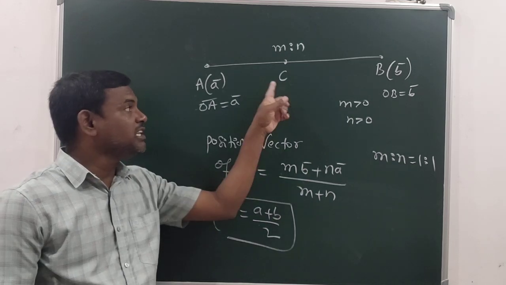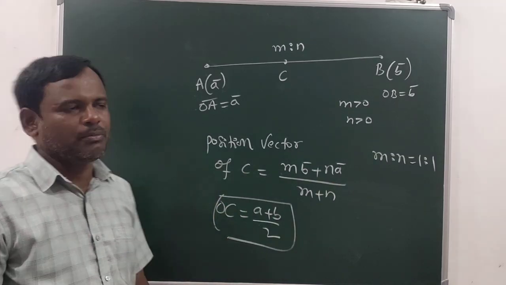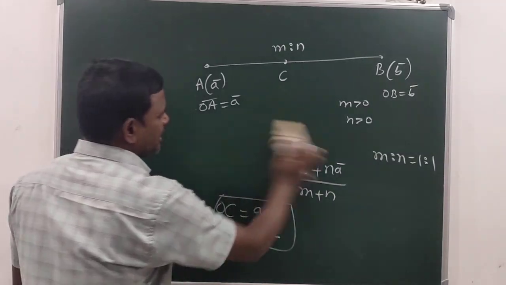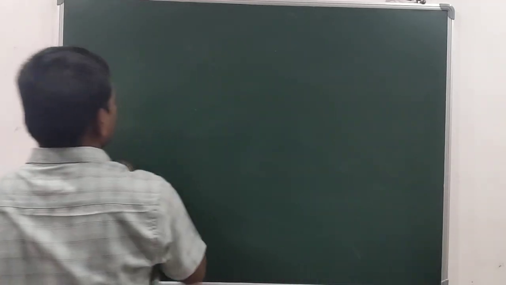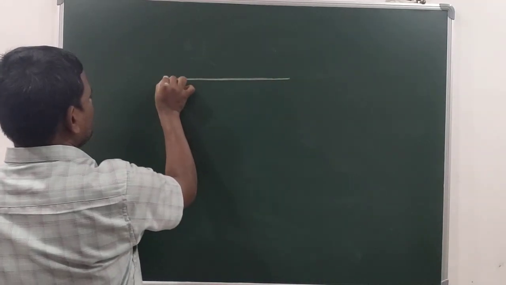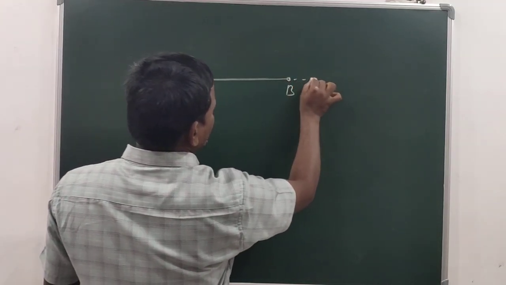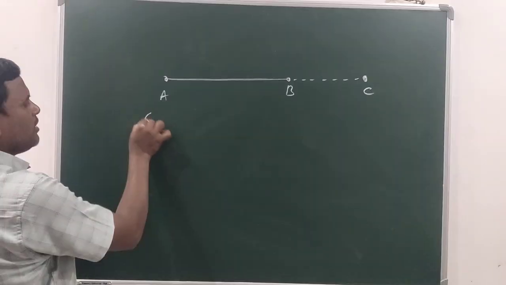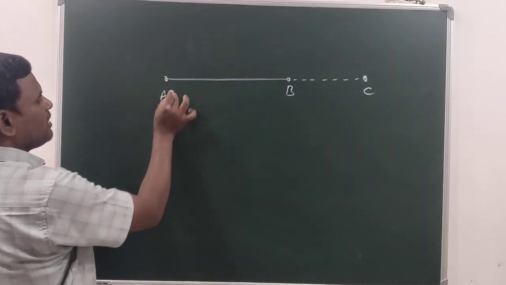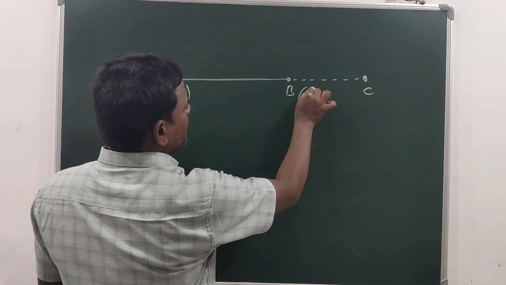But every time C need not be inside. C may divide AB externally. In such a case you get it like this. Here it is A, here it is B. Now C is on the extension portion. So here the position vector of A is A bar, the position vector of B is B bar.